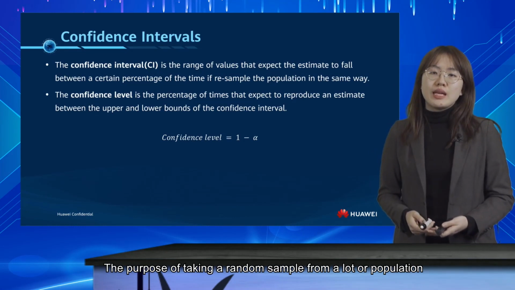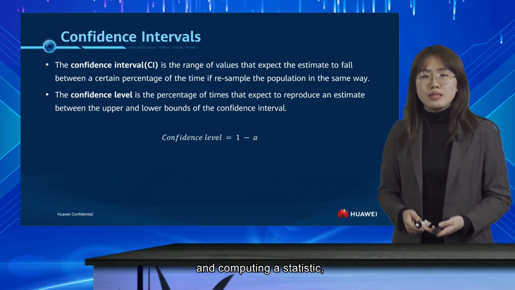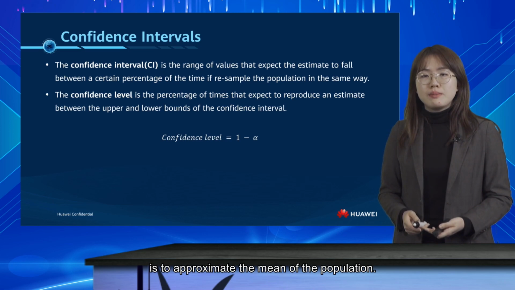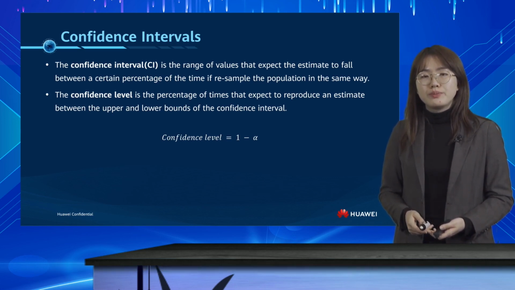The purpose of taking a random sample from a lot or population and computing a statistic, such as the mean, from the data is to approximate the mean of the population. How well the sample statistic estimates the underlying population value is always an issue.